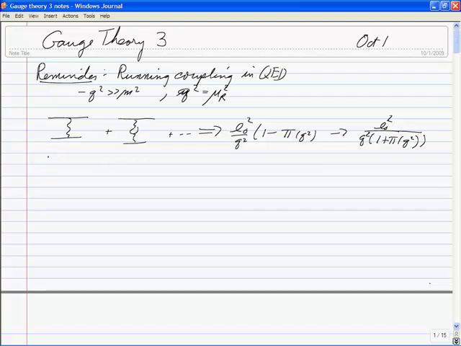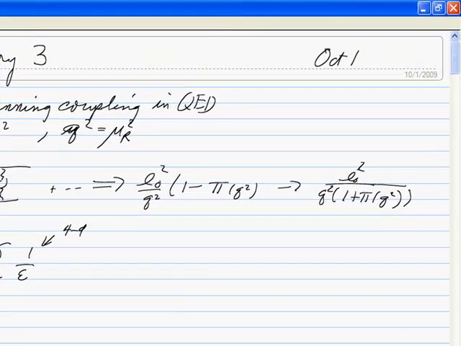And the calculation was that pi of q squared, well, I had the charge squared over 6 pi squared. There was a 1 over epsilon in dimensional regularization, epsilon being 4 minus d the way I'm doing it. Sometimes it's d minus 4.